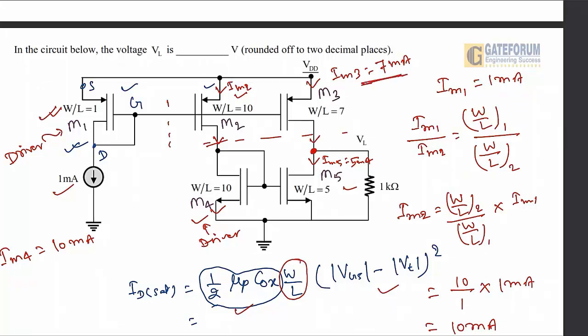Out of 7, 5 milliampere goes as IM5 through the drain to source of the M5 transistor. It means the remaining 2 milliampere is flowing through the 1 kilo ohm resistor.